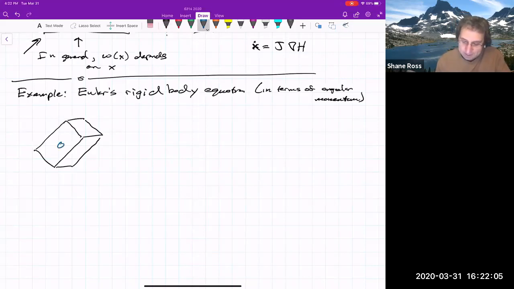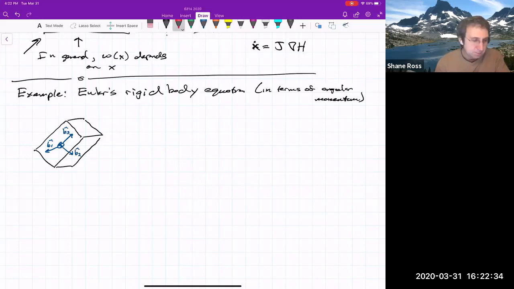We've got the center of mass, and the principal axes. Say, body fixed directions that correspond to the principal axis frame: B1, B2, B3.